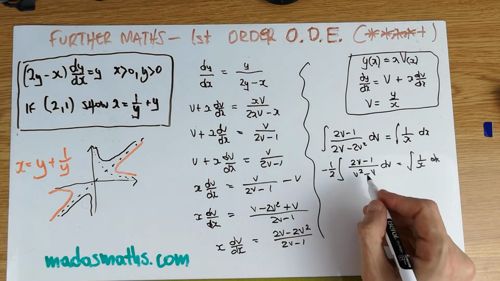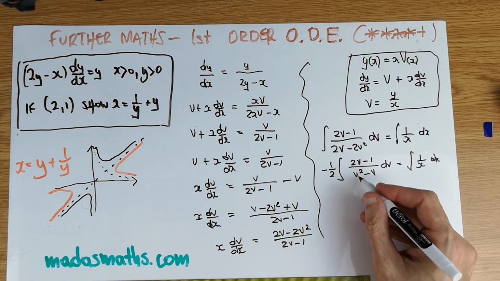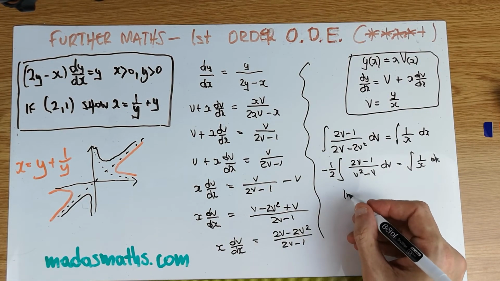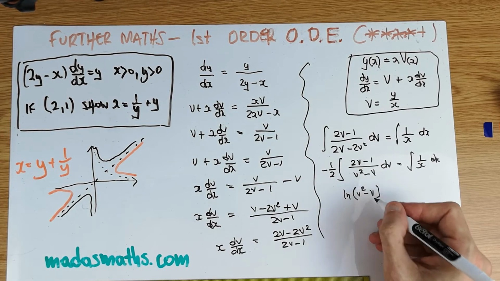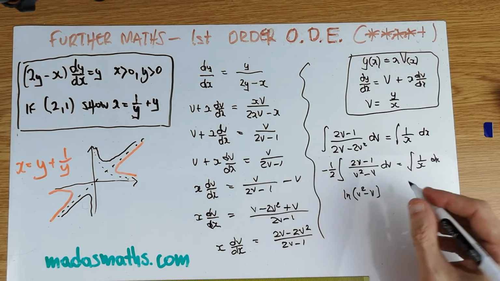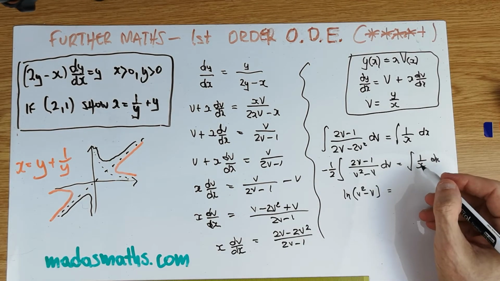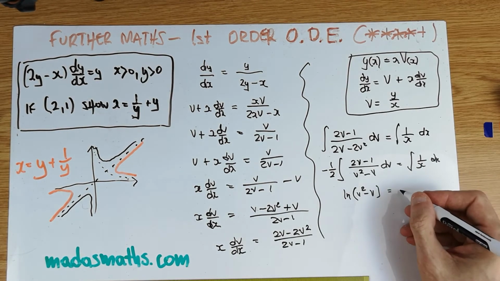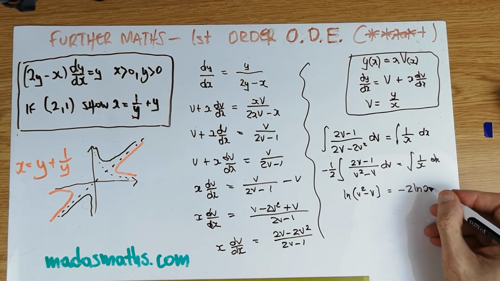I'm going to do two things at once. So this now integrates very, very easily to log of v squared minus v. You can use mods if you want. And this is going to go onto the other side as a -2. So if it goes as a -2, it's going to be -2 log x.